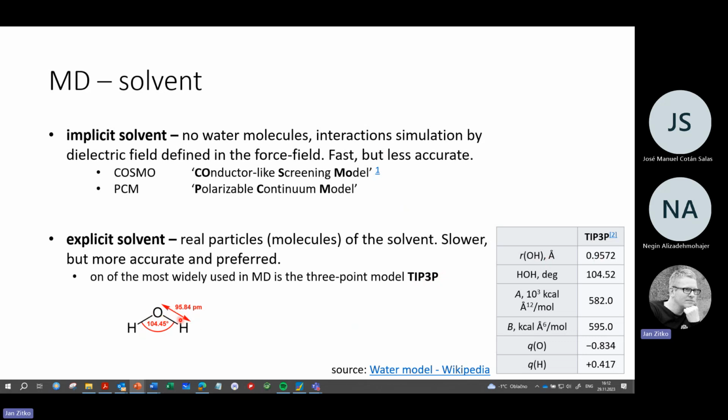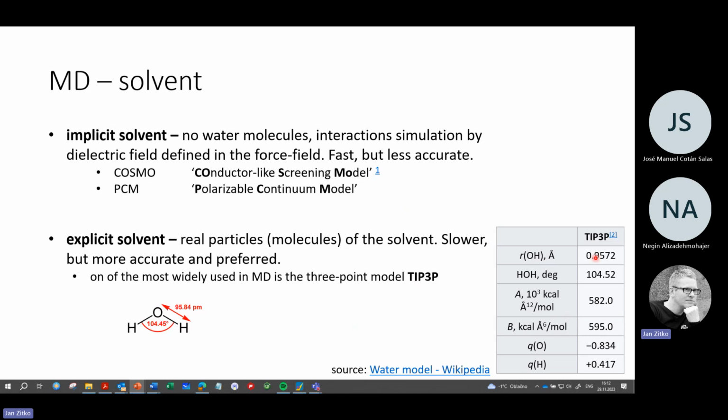The distances between O and H, and the angle, are fixed. So the molecule can move and rotate, but the distances and the angle are fixed. It lowers the degrees of freedom in your system and speeds up the calculation significantly, if you imagine that this molecule is repeated tens of thousands of times in the system.